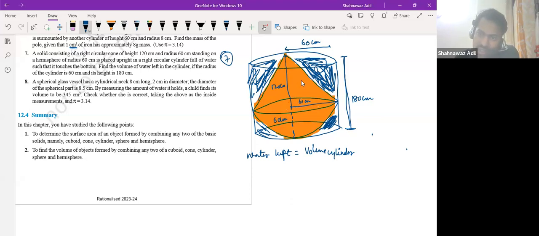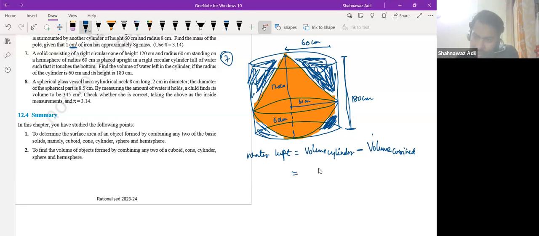Let's see that it is a toy made up of this cone and this hemisphere. So if this is not there, then the total volume of the cylinder would be the water amount. But if we put this toy in, it will take up some space, and that would be the volume of the combined structure, right?